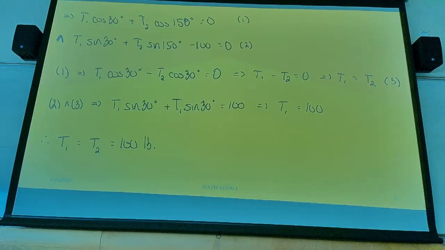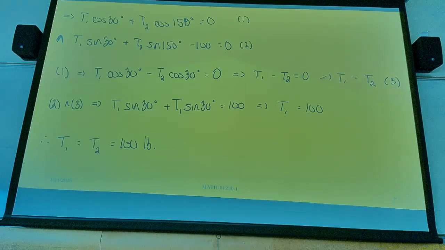Second quadrant, sine is positive. And so obviously 30 degrees is your reference angle, and you know that your y component, so sine, would have to be positive. That's why it's plus. You could have also, yes. How did we just rewrite T1 sine 30 plus T1 sine 30?